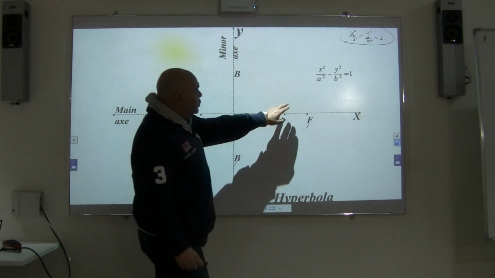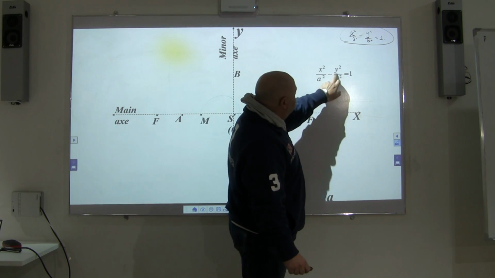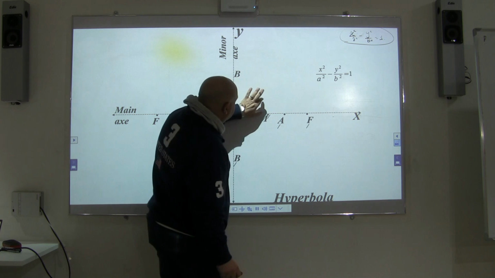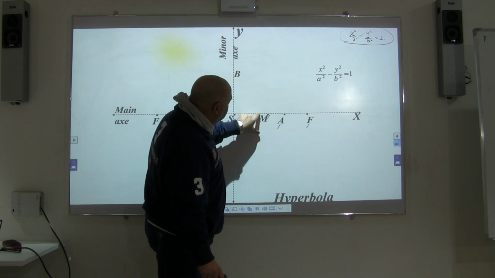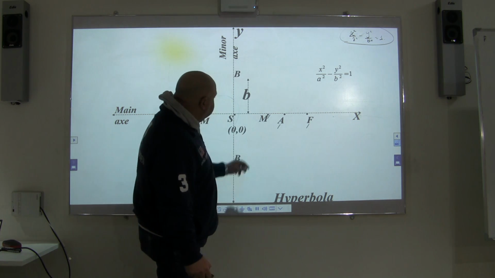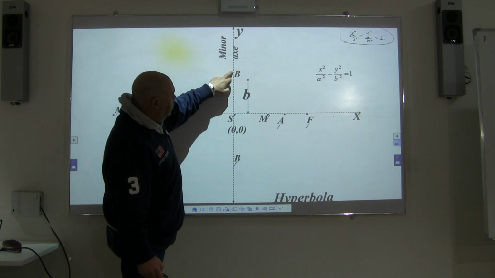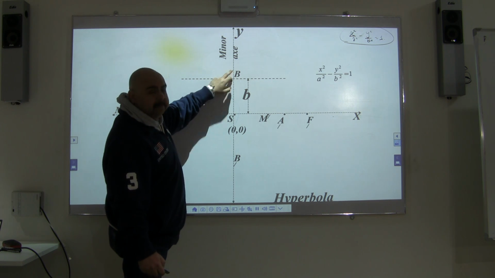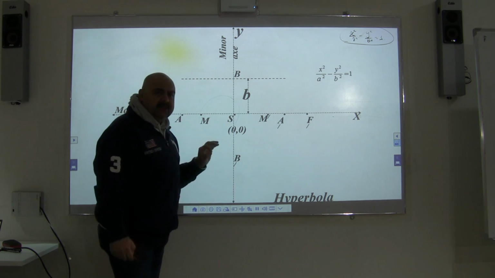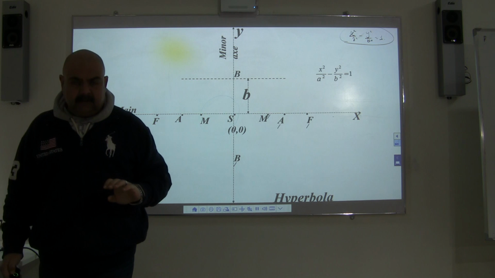I will start with b squared, taking the square root of this value, going up b and going down b. In this manner I will determine the points B and B dash for the semi-minor axis.